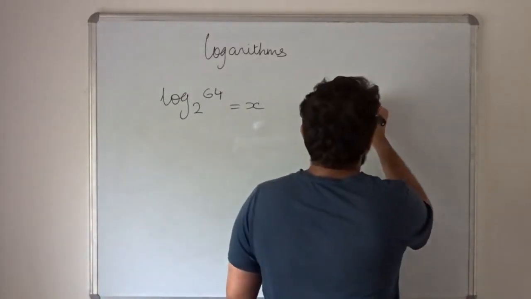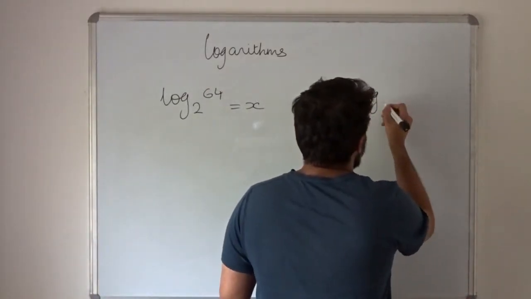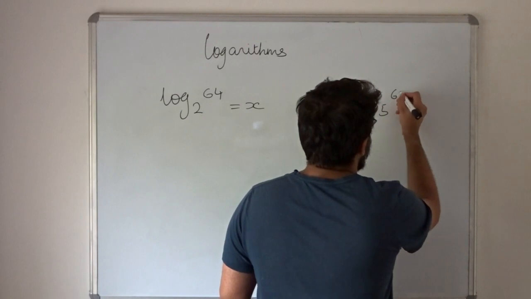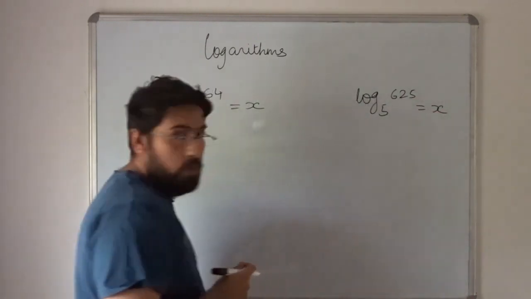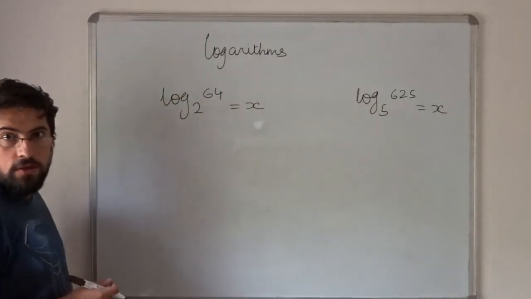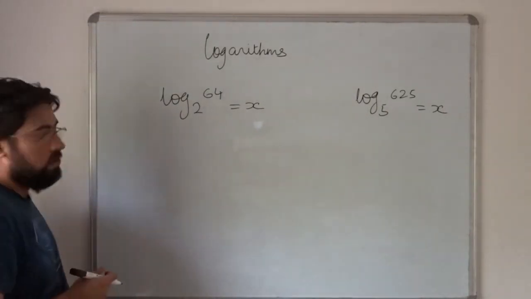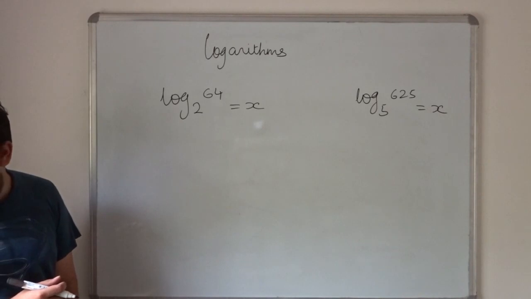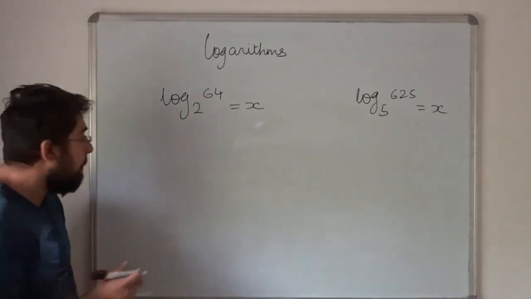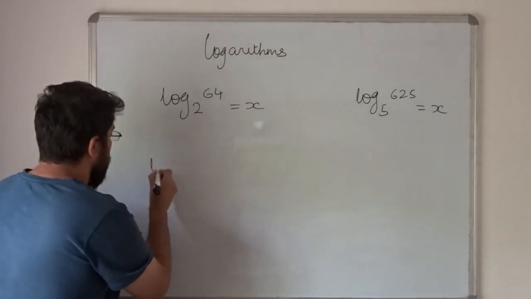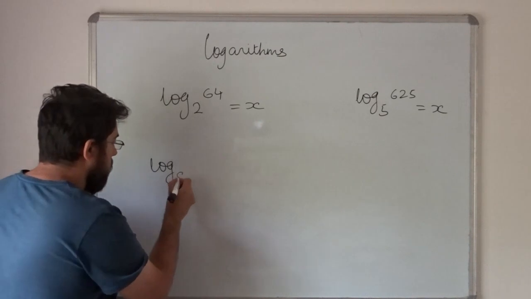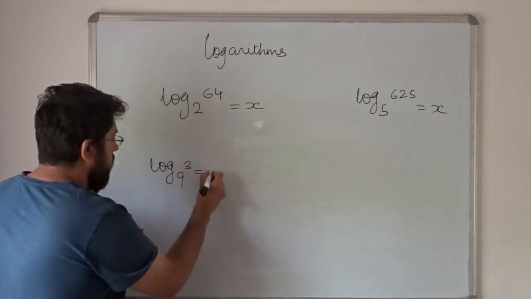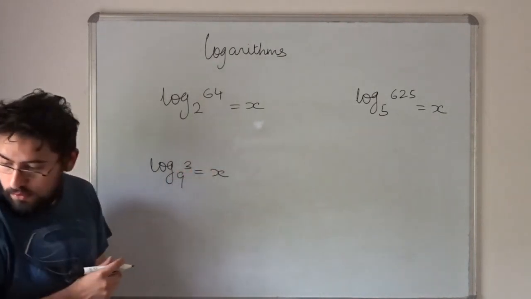So log base 5 of 625 equals x. That's the second question. So I'm going to write 2 more. Till then, try solving those. Then you have log base 9 of 3 equals x.